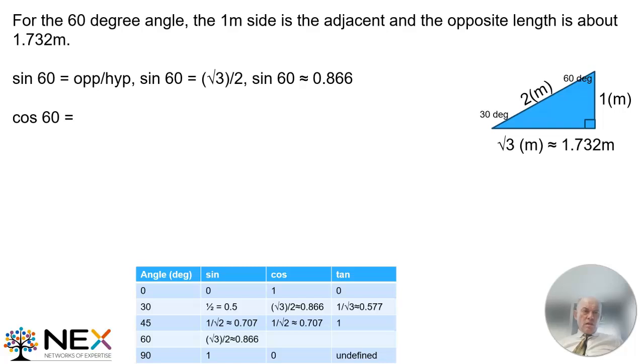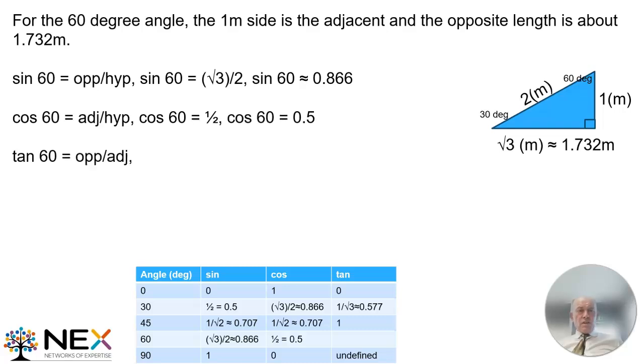Cosine of 60 is adjacent over hypotenuse, which is 1 over 2, wonderful, half, we can post that. Tan of 60, opposite over adjacent, root 3 over 1, or root 3, perfect, leave it like that if you can, but if you must, put in a decimal 1.732.